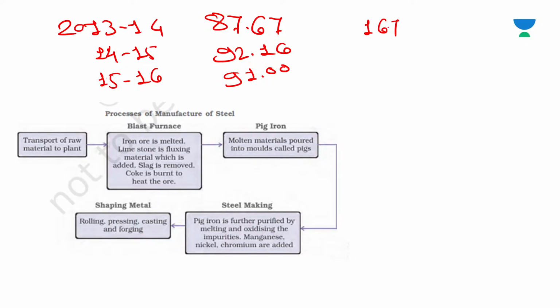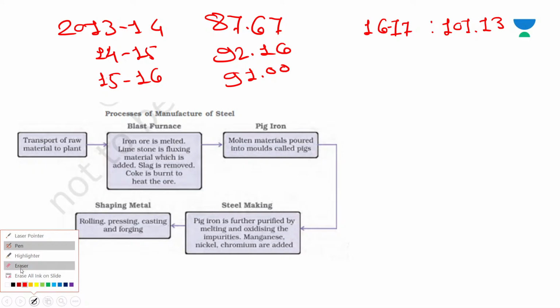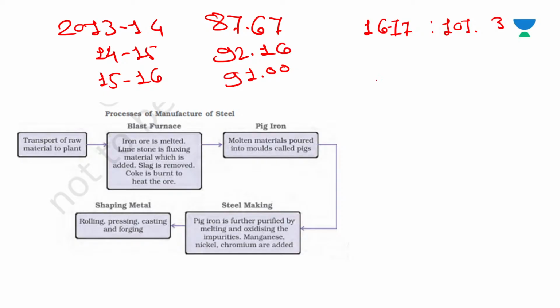Then 2016-17, which is around 101.3. Then 2017-18 was 86.69 metric tons per annum. These are in metric tons.